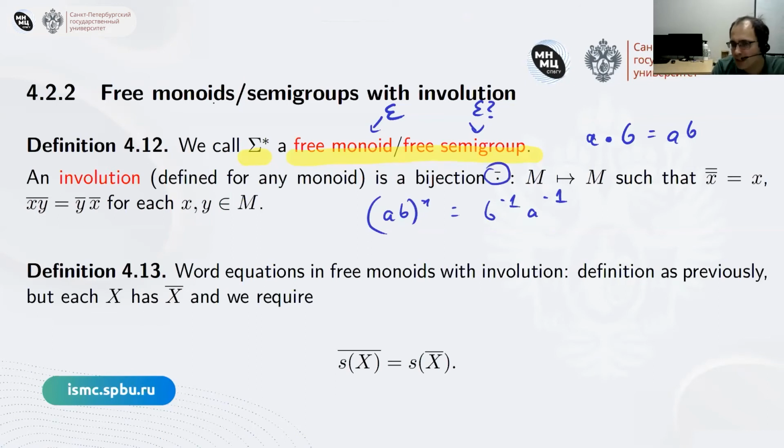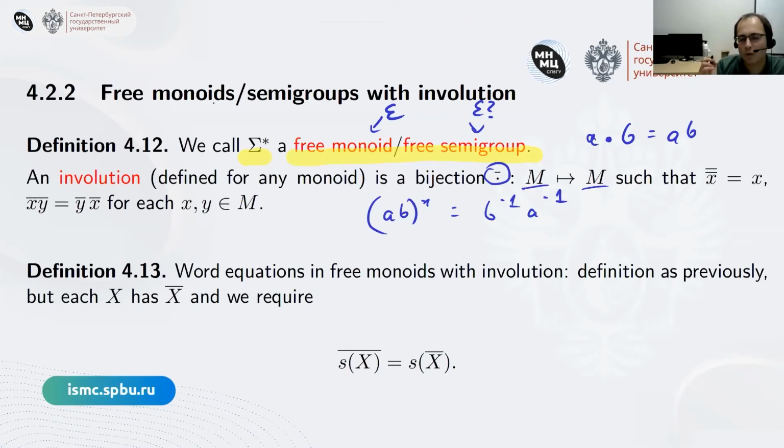So the inversion is some formal operation on the monoid, such that if we apply it twice, then it gives us the same word. And moreover, if we apply it on the multiplication of two elements, then we just split and apply it on every one of those elements separately. And this works for arbitrary words.